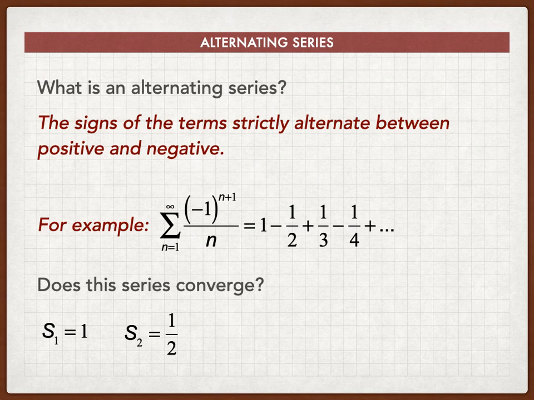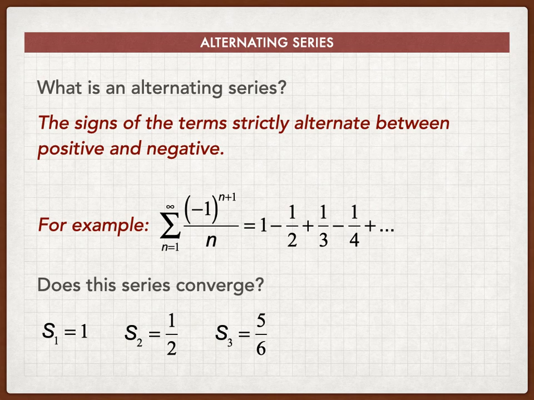The second partial sum decreases by 1/2, making 1/2. The third partial sum increases by 1/3. 1/2 plus 1/3 is 5/6. It increased, but it's smaller than s sub 1.